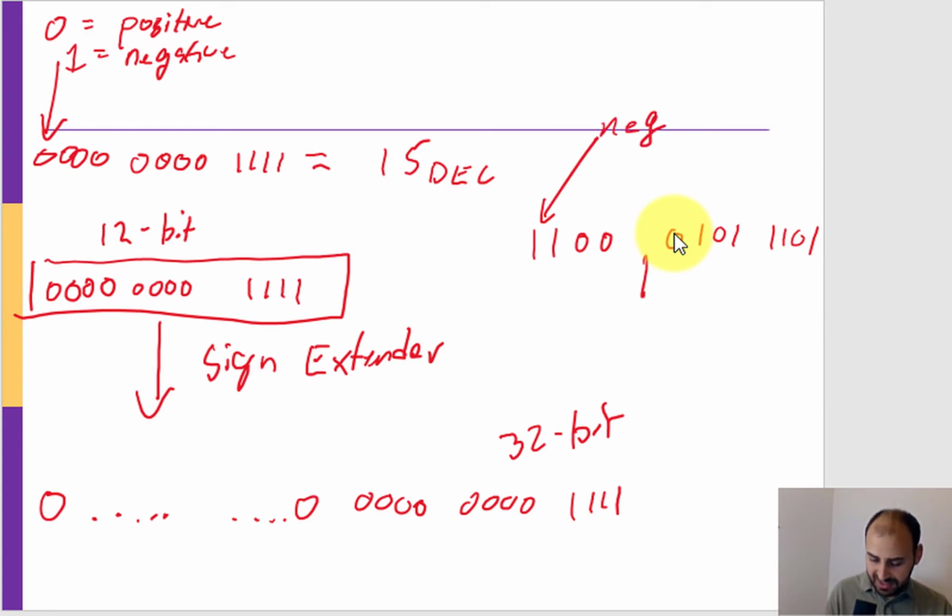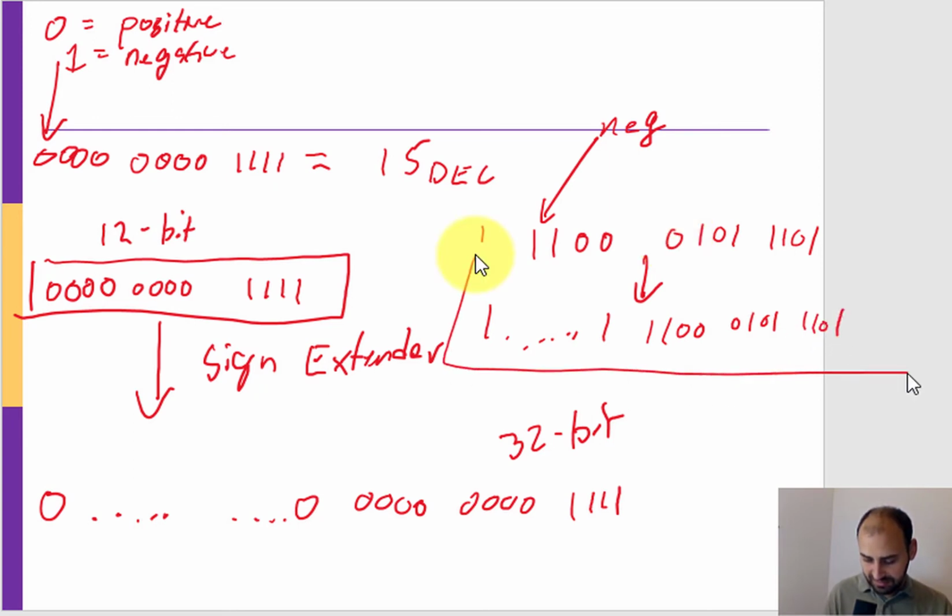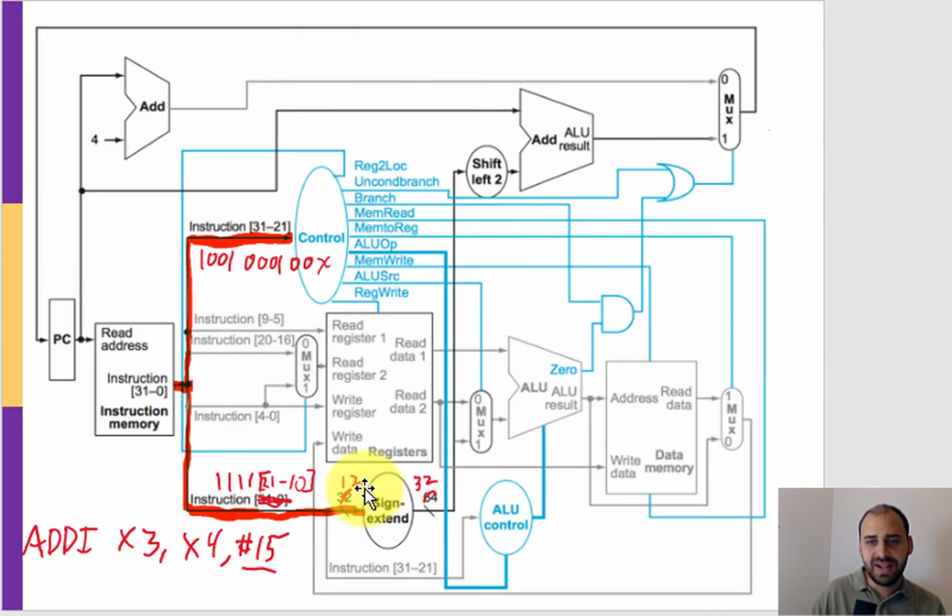The sign extender is going to do the same thing, except now it's going to be all leading 1s. That has the effect of making it more bits without actually changing the value of anything. So that's all it does. It takes a 12-bit number and turns it into a 32-bit number without changing the value.